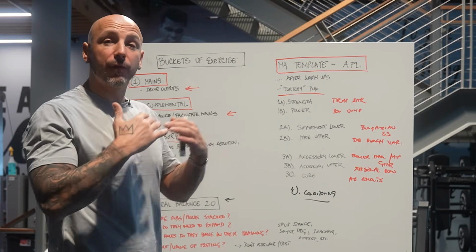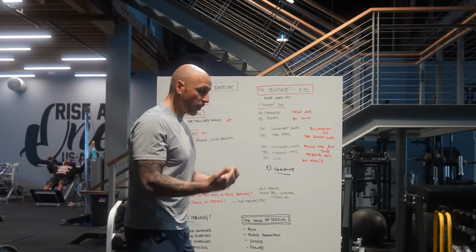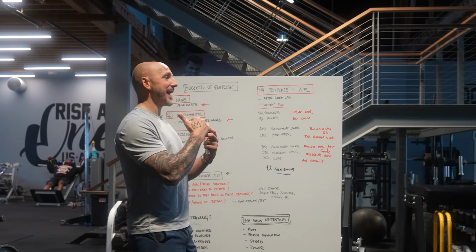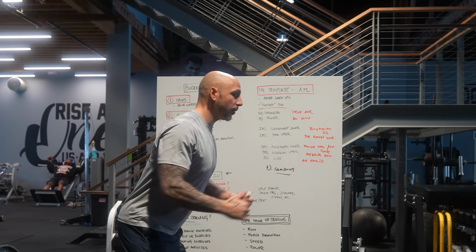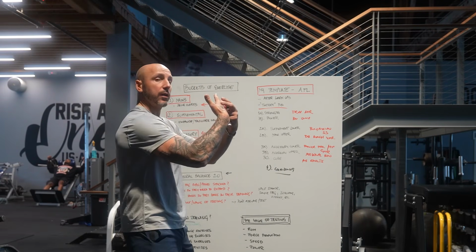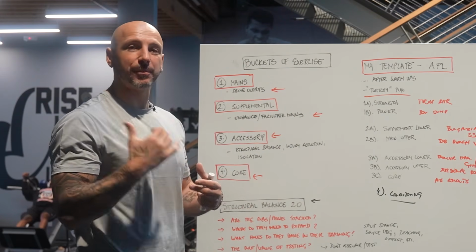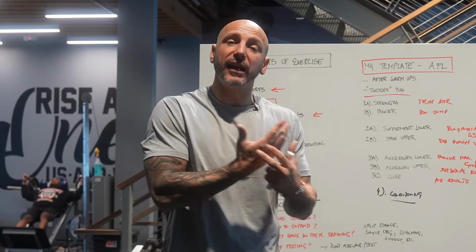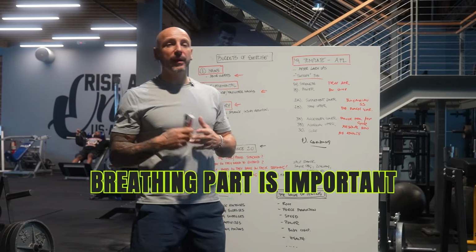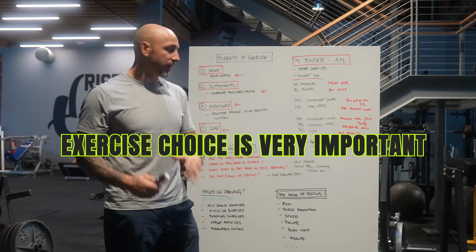So I want a front-loaded exercise where I can push them back. If they're here, I want to push them back, which means I want to front load and get air into my upper back, right? So where do they need to expand? Where I can get air into, that's where I can expand. That's why the breathing part is important and the exercise choice is very important.